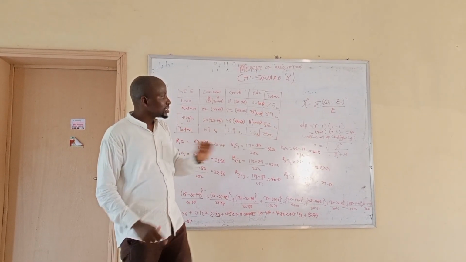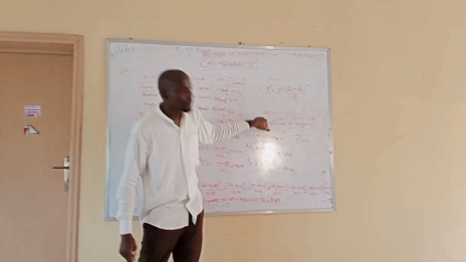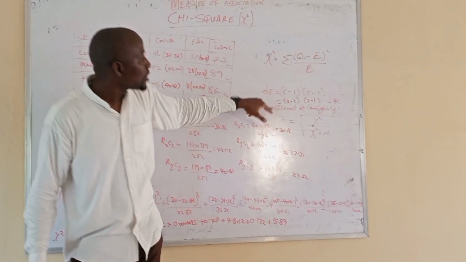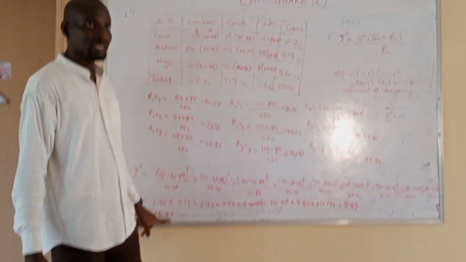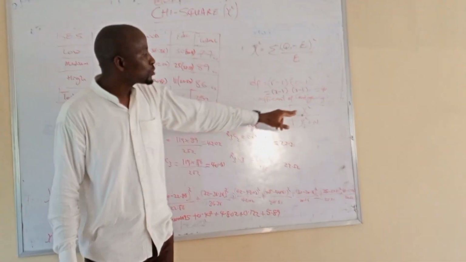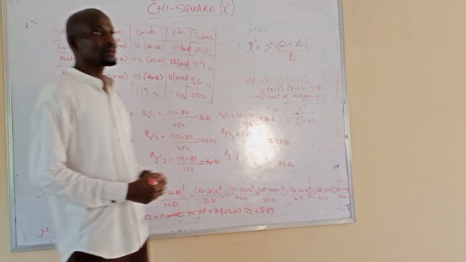More importantly, when you say coefficient of contingency, now that you have the chi-square value of 15.61, 15.61 is your chi-square value.